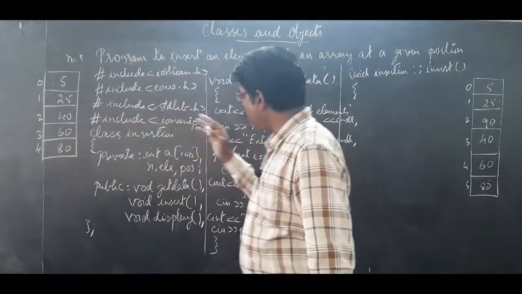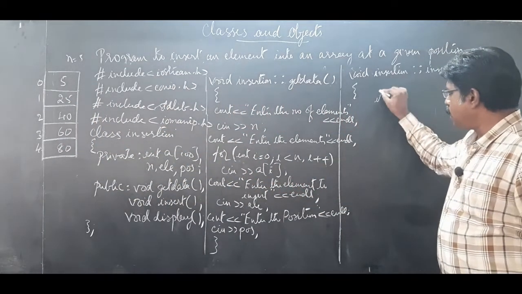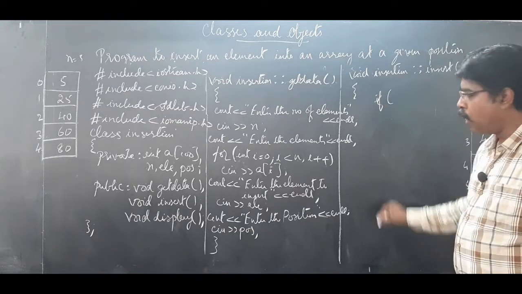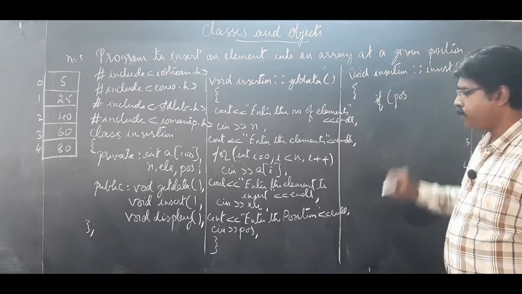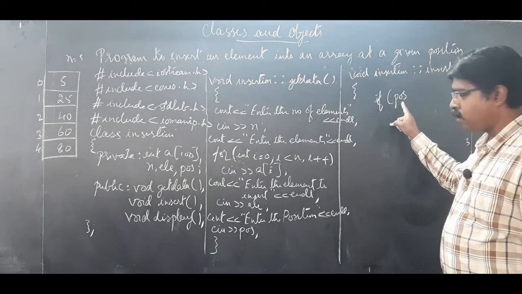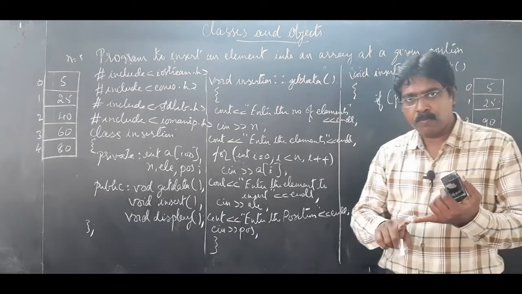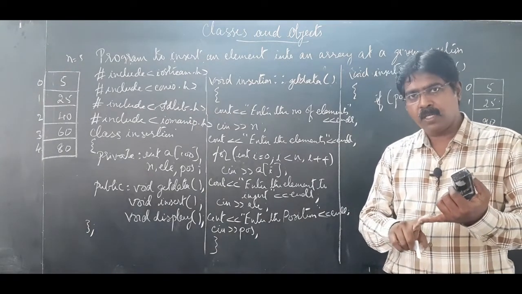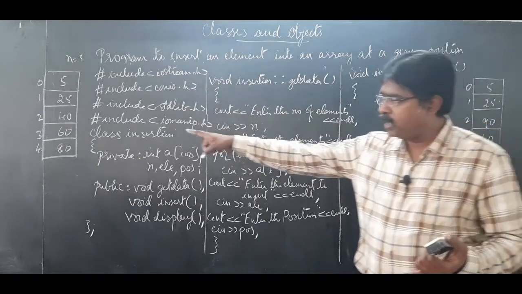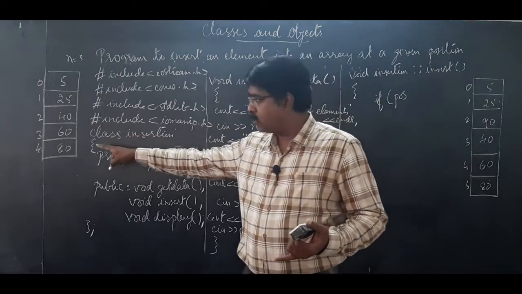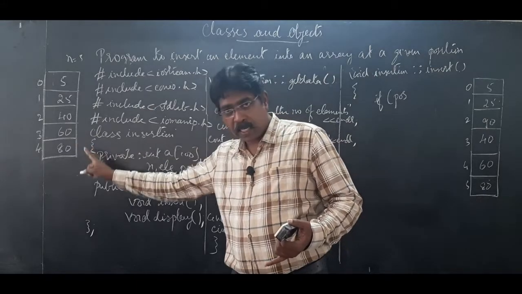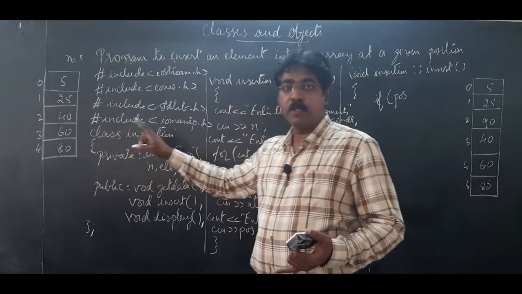Hence, we need to cross check with a condition, if POS. If the position is 0, we can insert; 1, we can insert; 2, 3, 4, we can insert; but if it is more than that, we won't be able to insert.